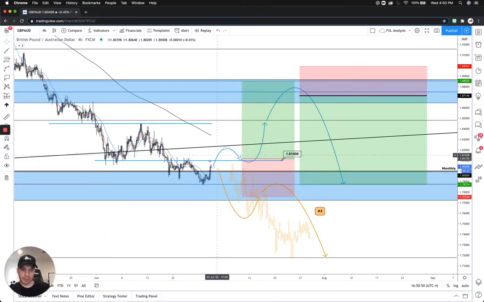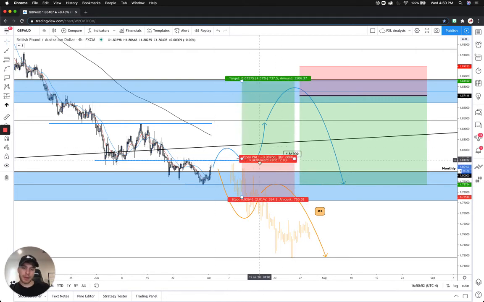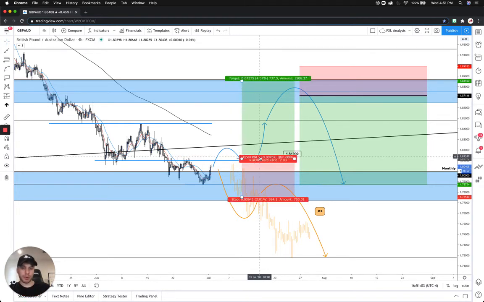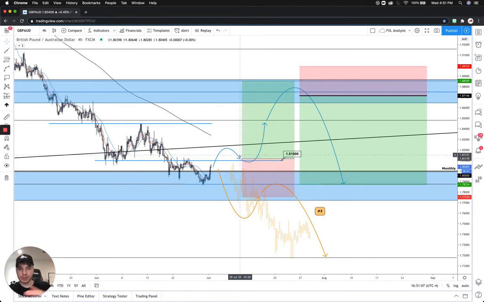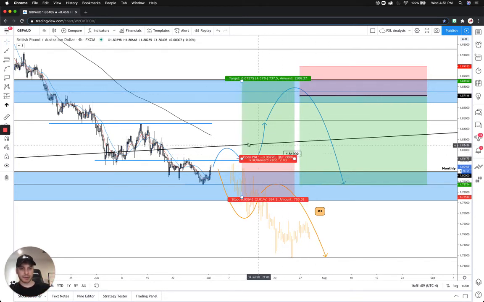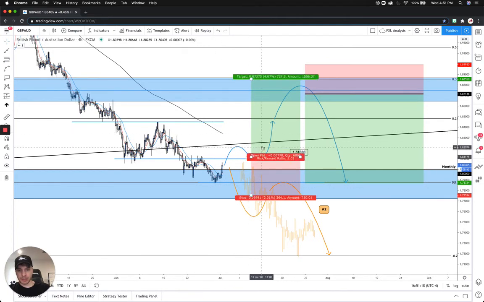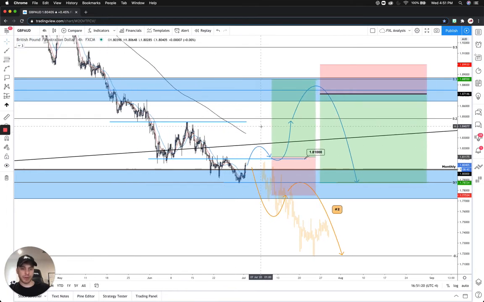Okay, so you want to see a break of 1.81, retest of 1.81, confirmed support, bullish setups in the form of engulfing, morning star, exhaustion, bullish variation, so like 3 candles in a row, showing us that there's conviction from the bulls that this is going to continue up to this next level. So this could be a nice trade here. Again, this is a counter trend trade. There's always more risk presented with a counter trend trade, but nonetheless, the setup could potentially be there. So just be aware of it.